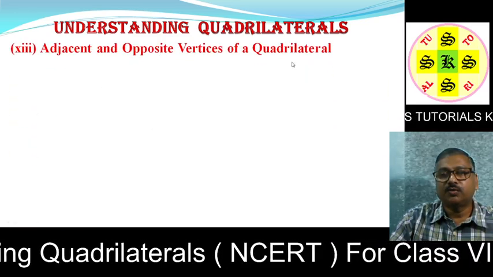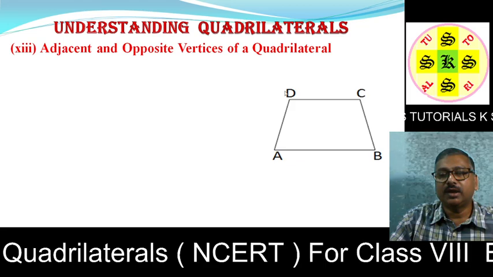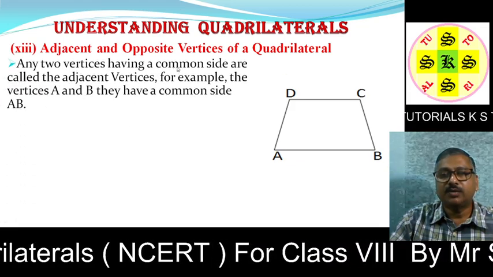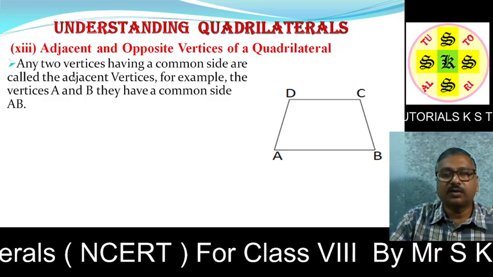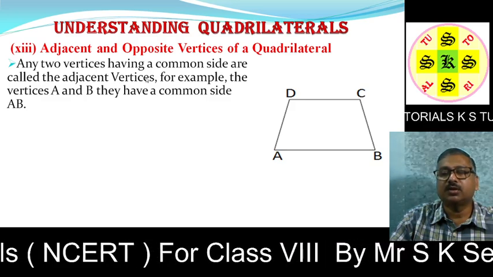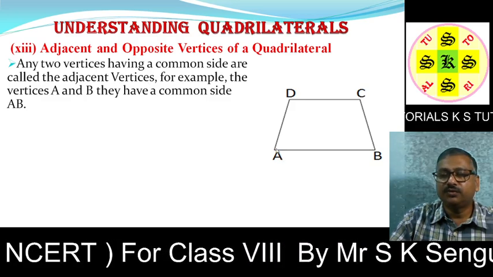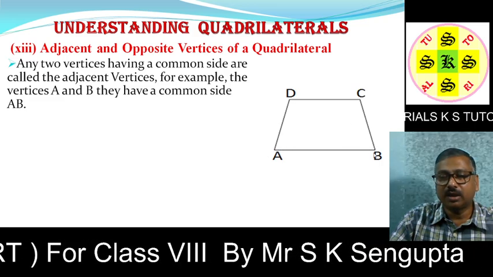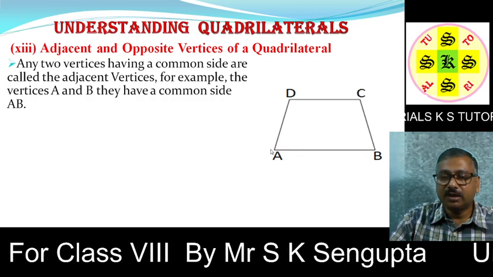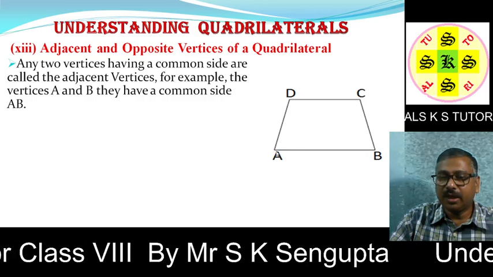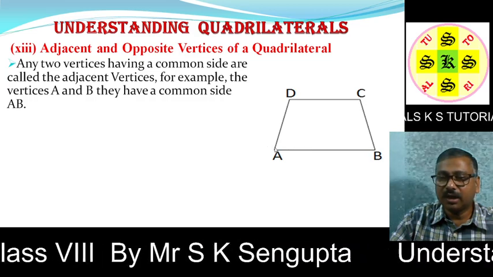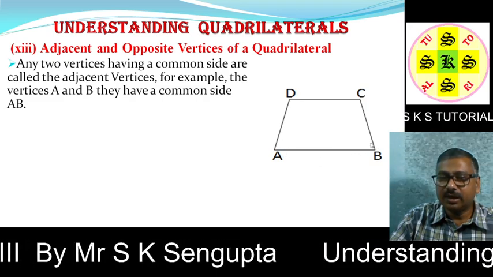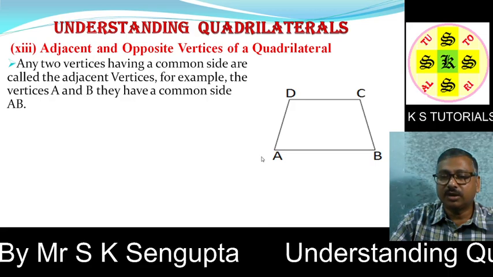Now adjacent and opposite vertices of a quadrilateral. ABCD is a quadrilateral. Any two vertices having a common side are called adjacent vertices, same as adjacent sides. Adjacent vertices A and B are connected by the side AB, so vertex A and vertex B are adjacent vertices.